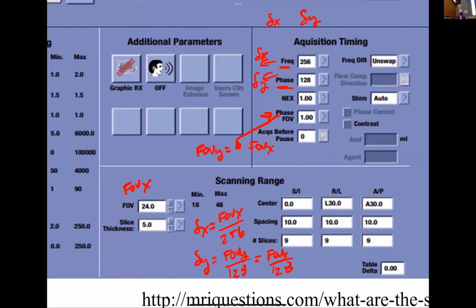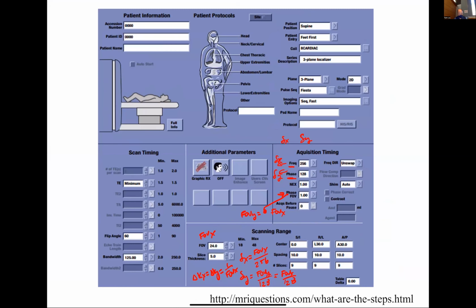Same. Okay, why would they be the same? Yeah, the FOVs are the same, right? So we can say delta kx equals delta ky equals 1 over field of view of x. Okay. All right. Any questions on that?